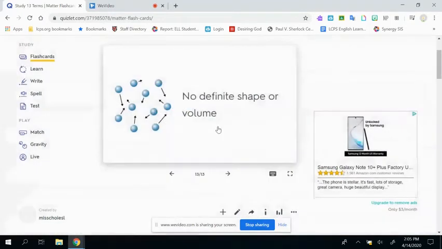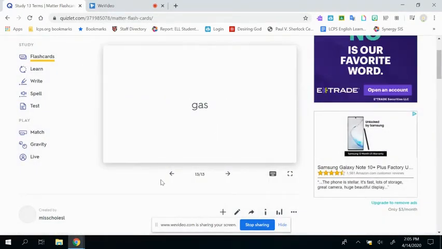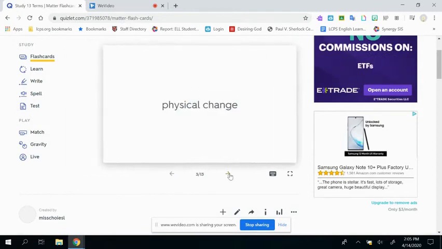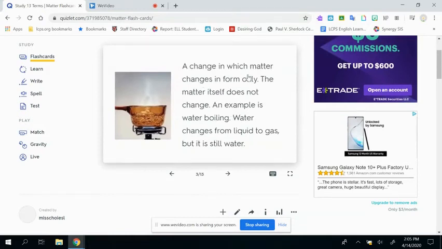Okay. All right, I'm going to jump over to physical change. There are 2 different types of changes: physical and chemical. Physical change is a change in which matter changes in form only. The matter itself does not change. An example is water boiling.